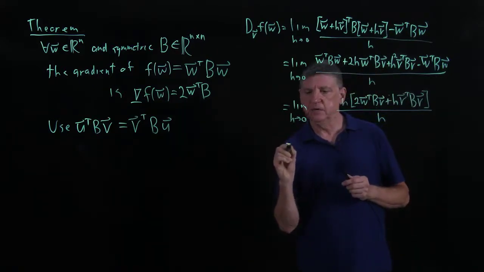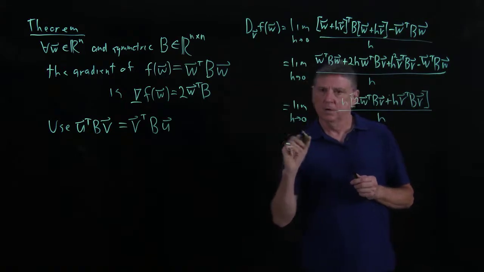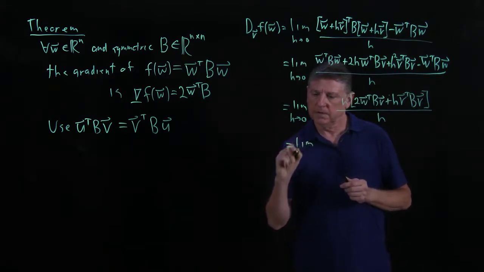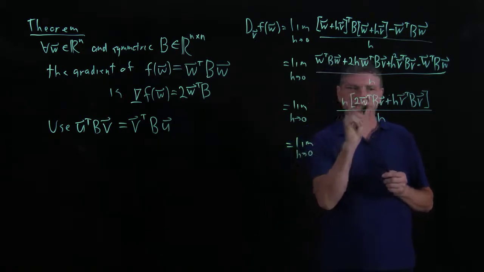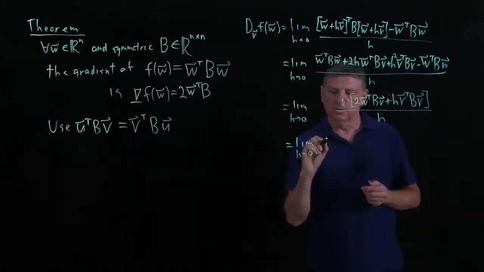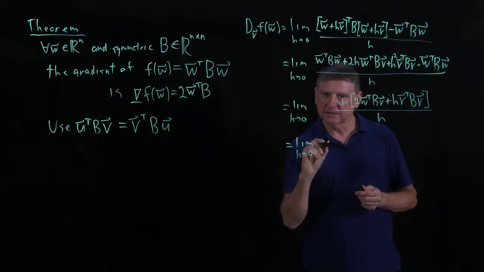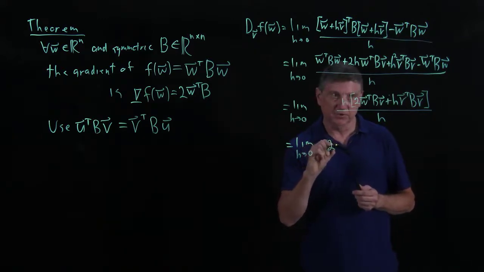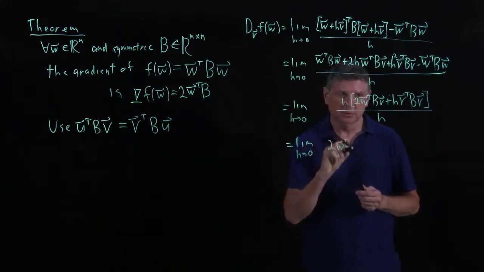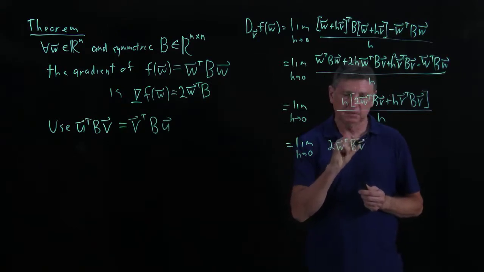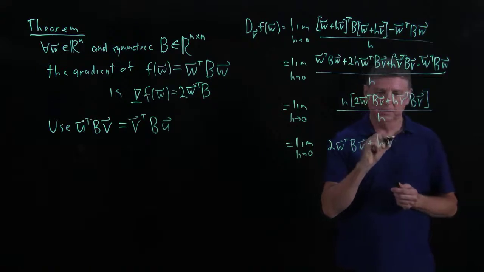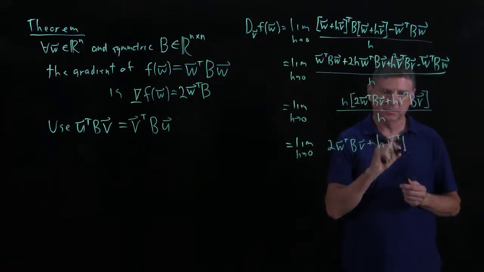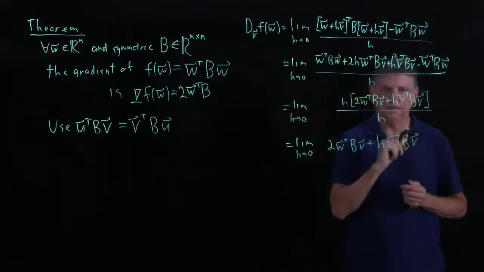So that equals the limit as h goes to 0 of this interior term. So we'll bring that down. That's the limit of 2 w transpose b v plus h times v transpose b v.